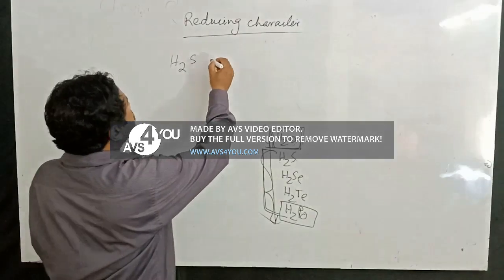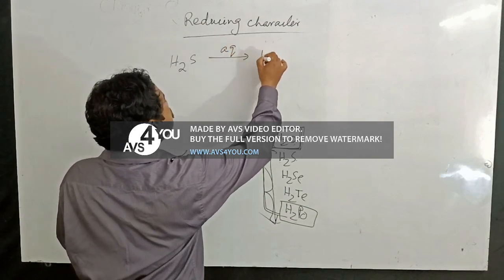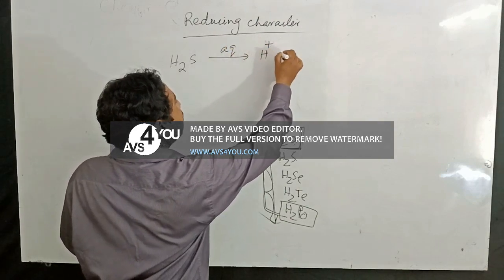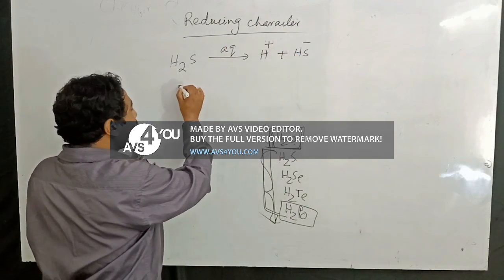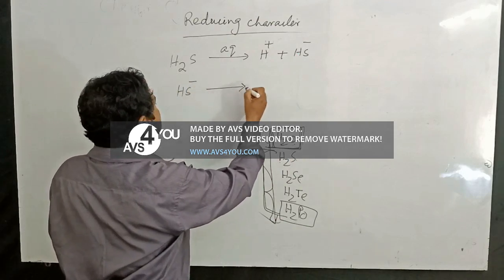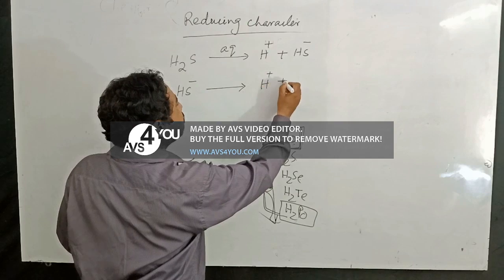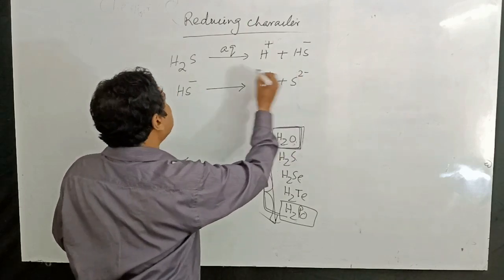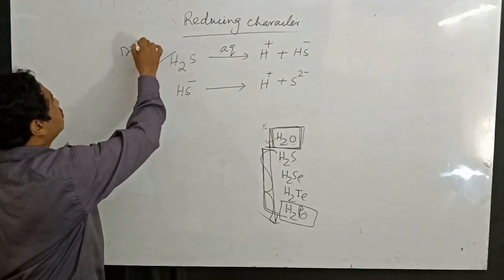When it is dissolved in water or in aqueous solution, it gives rise to H plus and HS minus. And this HS minus decomposes further, giving rise to H plus. Therefore, H2S is a dibasic acid.